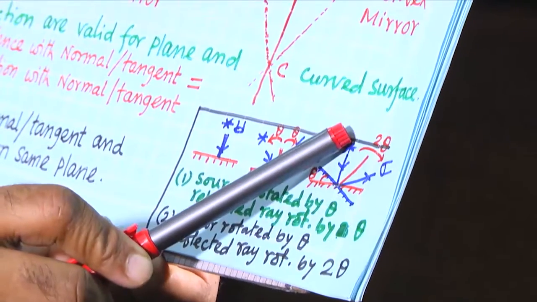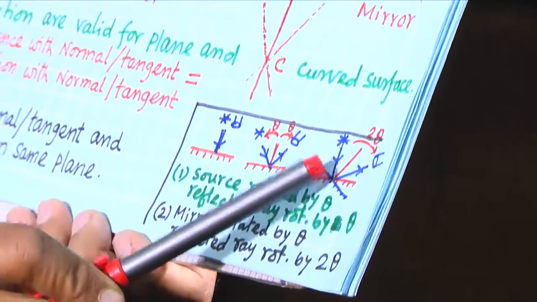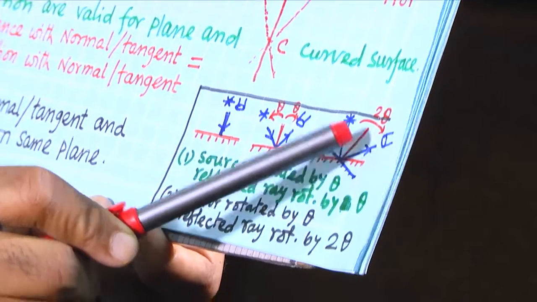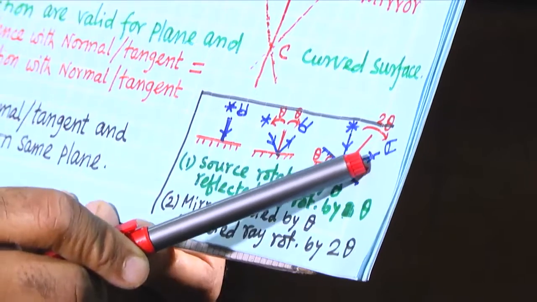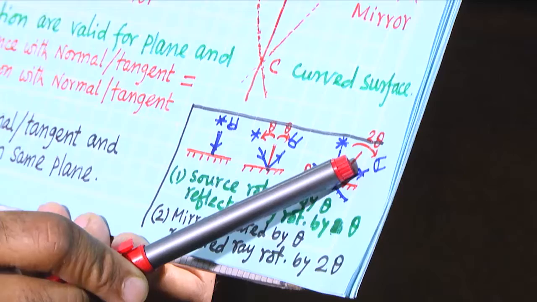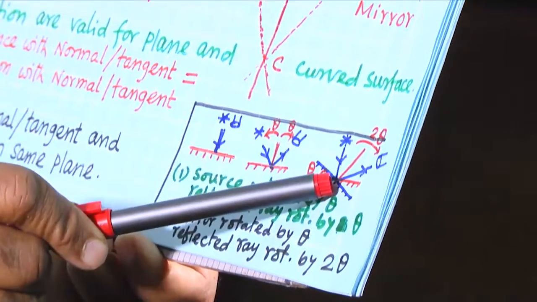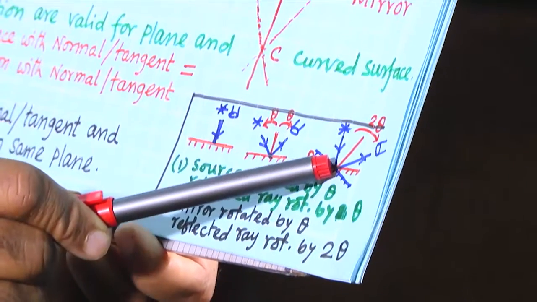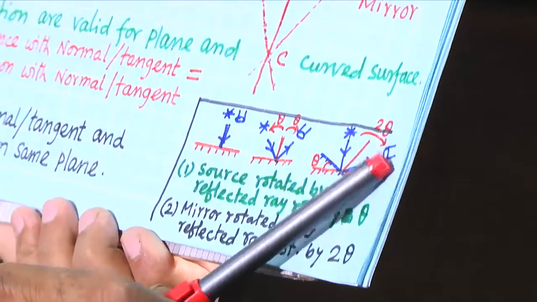But the detector now I have to rotate by 2 theta, because this is the angle theta, and the reflected ray forms the angle with the normal, that is also theta. So, with respect to the incident ray, the reflected ray is rotated by 2 theta.